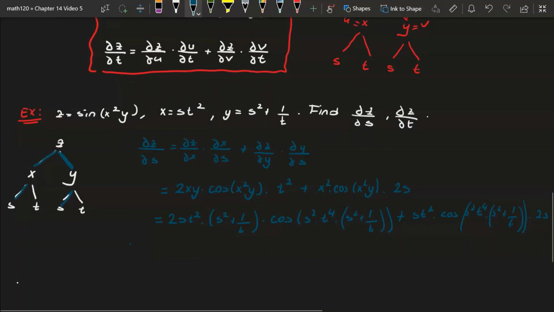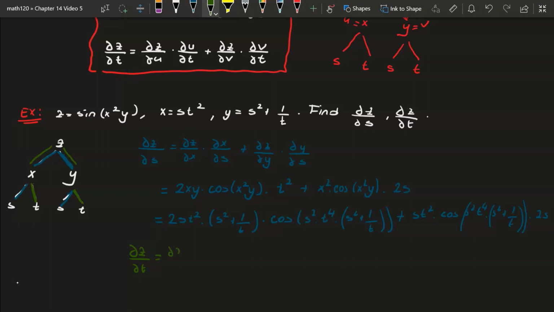Okay, I can leave del z over del t as an exercise. Or let me write the formula, the chain rule for it, del z over del t. To find del z over del t, you should consider the partial derivative of z with respect to x, times the partial derivative of x with respect to t, plus the partial derivative of z with respect to y times the partial derivative of y with respect to t.